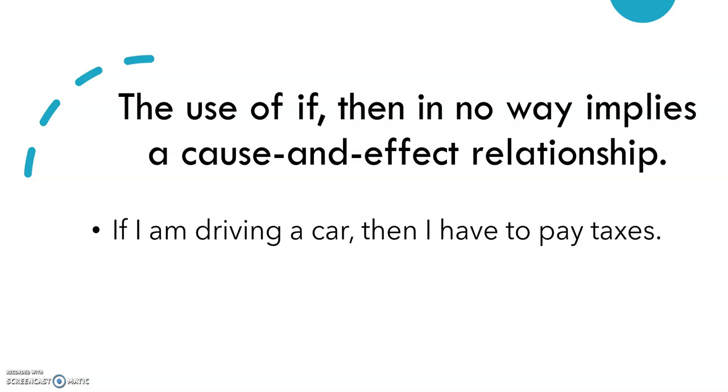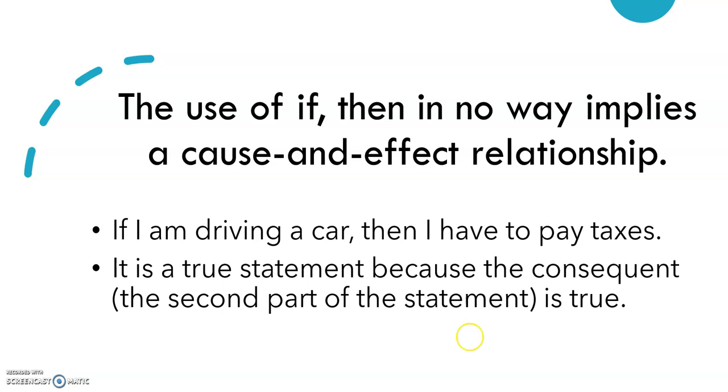If I am driving a car, then I have to pay taxes. It is a true statement because the consequent, the second part of the statement, I have to pay taxes, is true even if I am not driving a car.